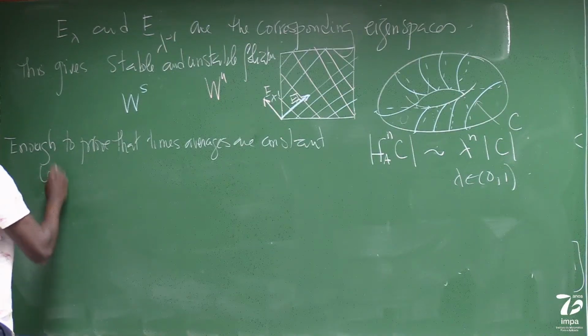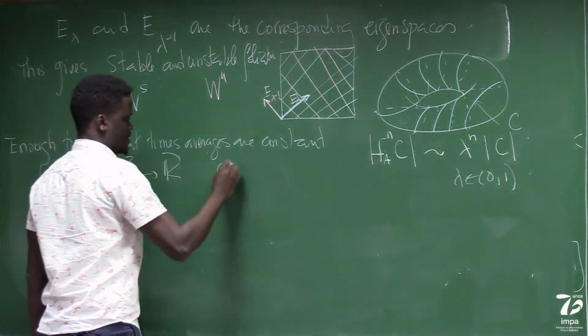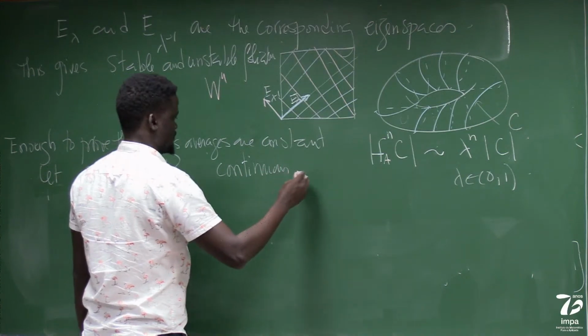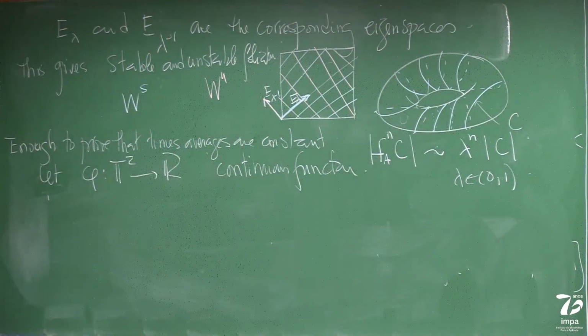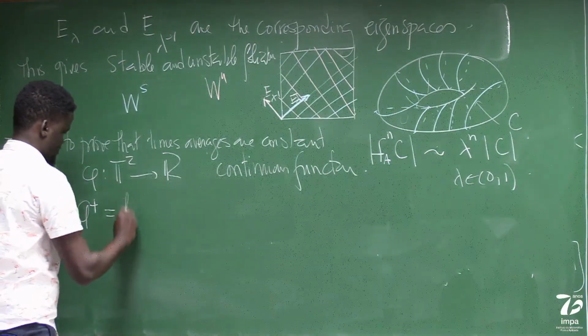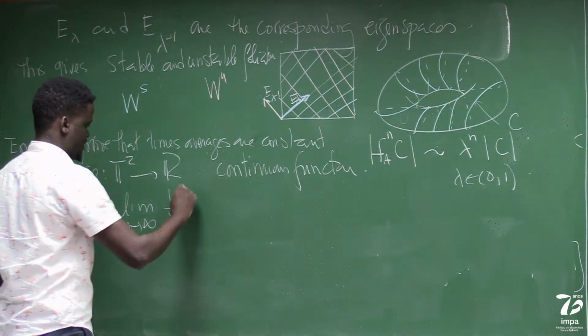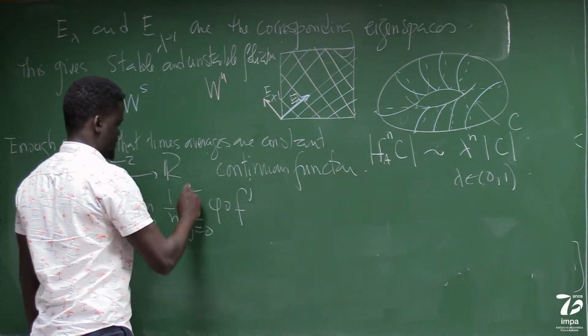Let phi from T2 to R be a continuous function, and let's define phi plus to be the limit when n goes to infinity of 1 over n, the sum of phi composed with f^j, for j equals 0 to n minus 1.